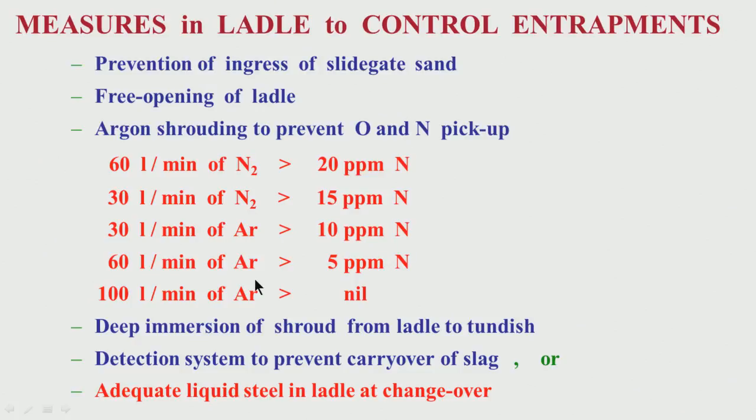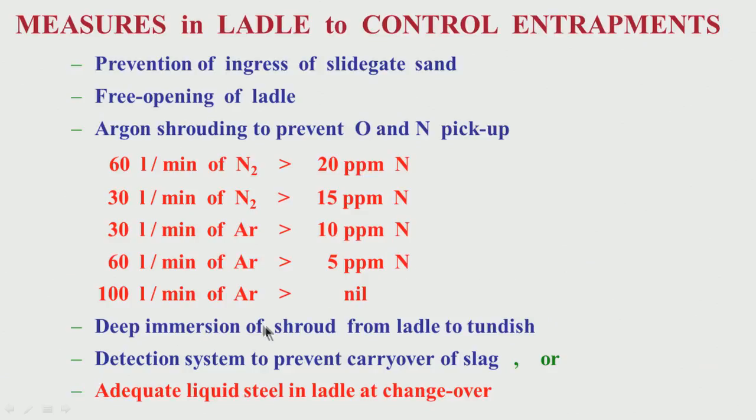If you use less argon, say 30 liter per minute, then maybe 10 ppm of nitrogen pickup, and also there will be oxygen pickup, because both of these are coming from air. So, 100 liter per minute of argon is necessary to reduce this pickup of nitrogen and oxygen.